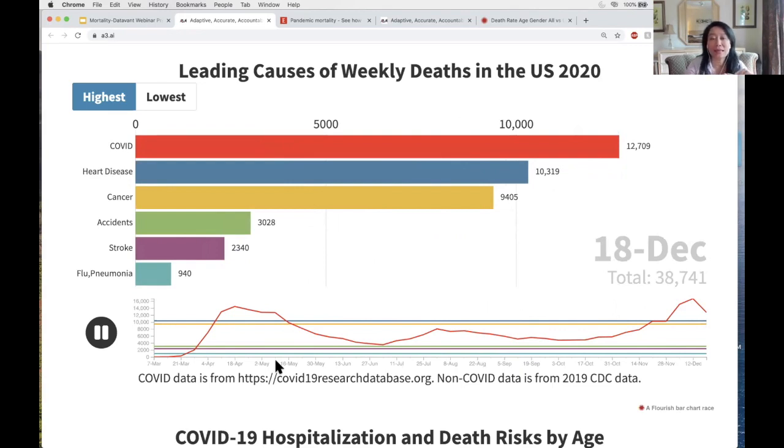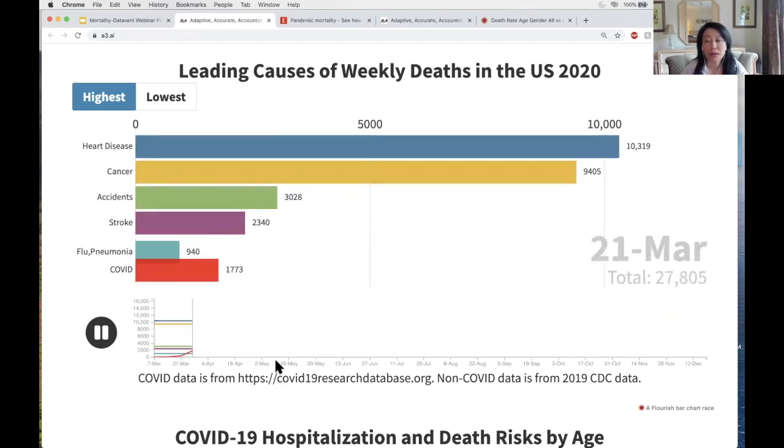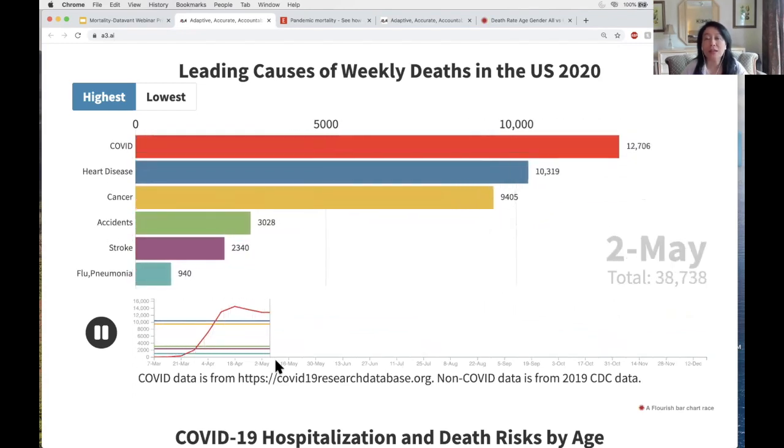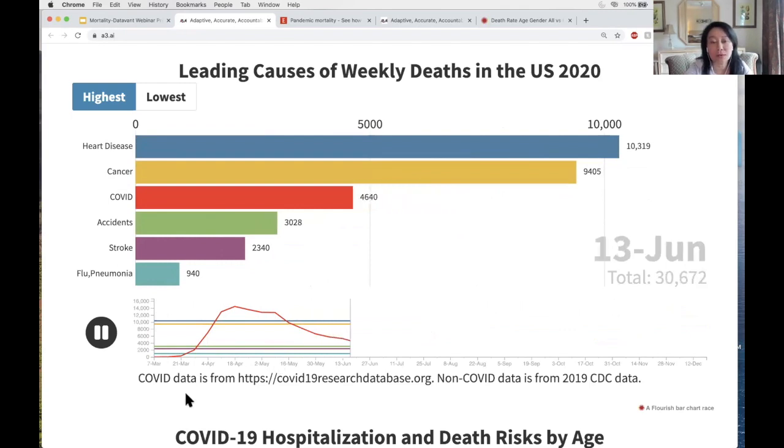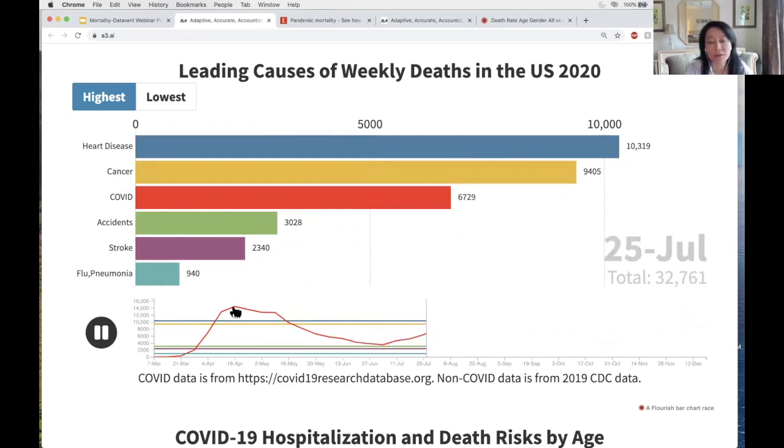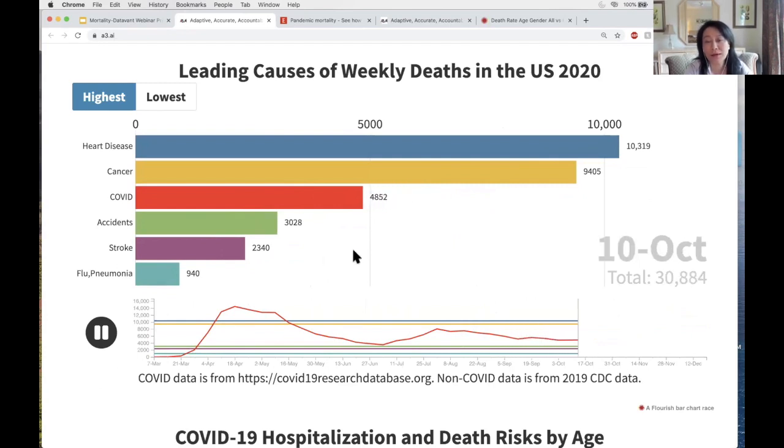So that's the weekly death count compared to the other top 5 leading causes of death. As you see in the bar chart, there's a spike, there's wave 1, wave 2.